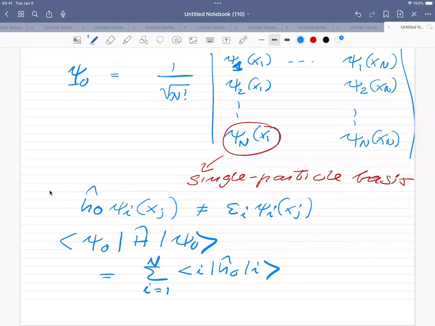And that integral may not be given by, let's say, it may not, so this I basis is not necessarily an eigenbasis of H0. And then I'm going to have plus 1/2. So the expression looks very much like we had previously, but now we have an ij of v of ij anti-symmetrized.